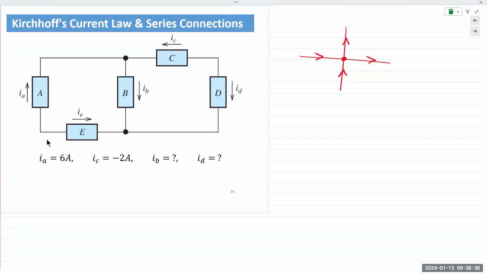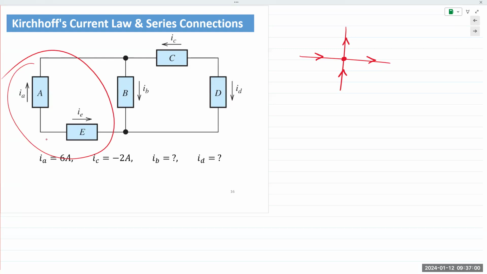You can if you want to, but it might just end up causing confusion. So just stick with the information that is provided to us, and we will analyze it based on that information. So first thing to note is on the left right here, IA and IE. What do you see?